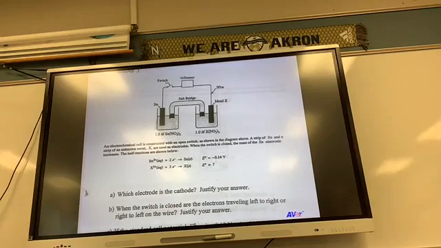Yes. What's a cathode? Because it says when the switch is closed, the mass of it increases.